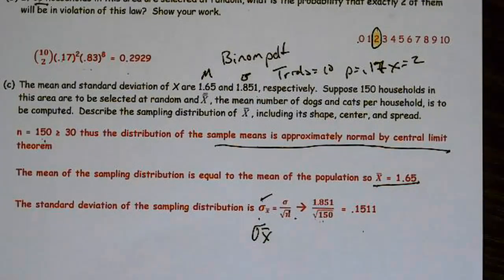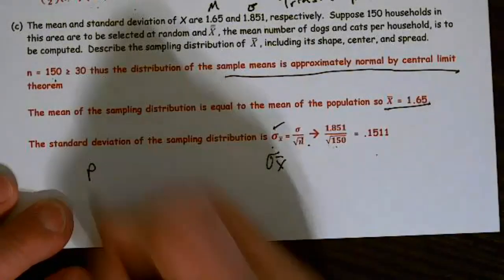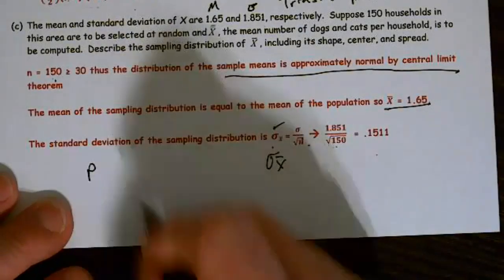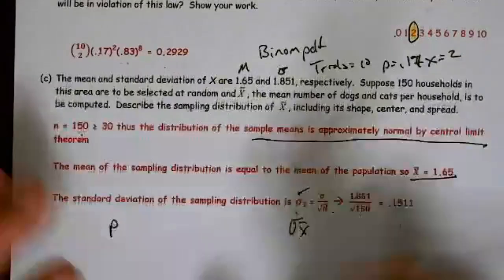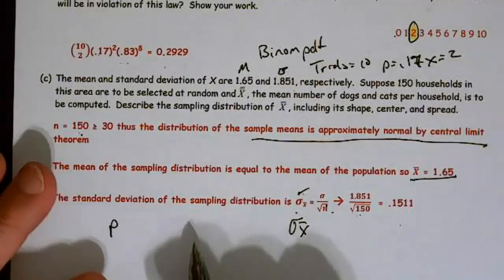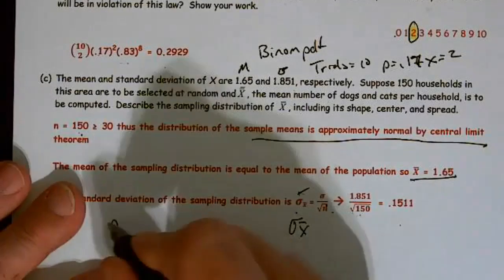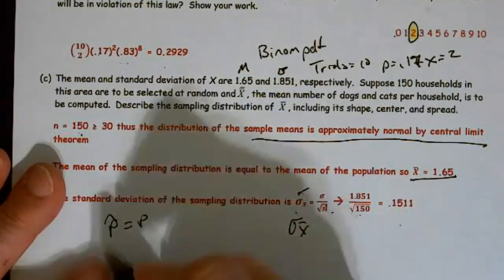All right, real quickly, if we've been working with proportions and we wanted to know what the shape is, initially we were working with a binomial, but our sample size is large, so it becomes normal by central limit theorem. If I wanted to know about proportions, p hat will equal p. The mean is the mean is the mean.